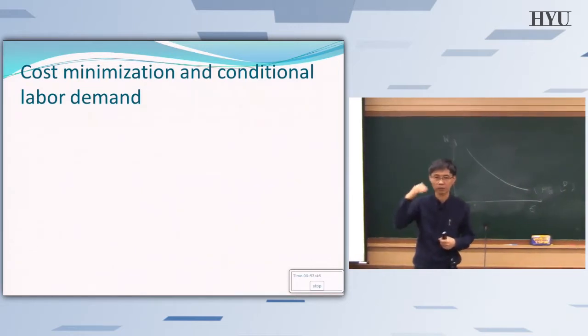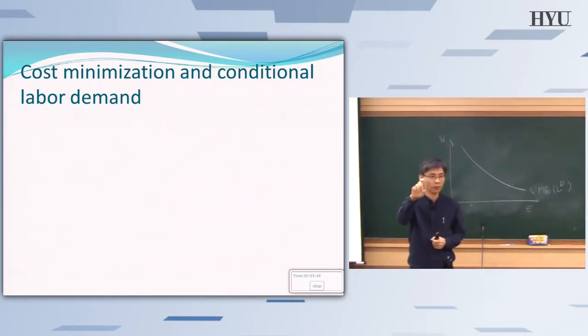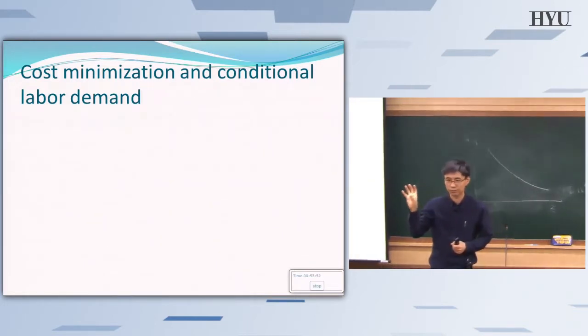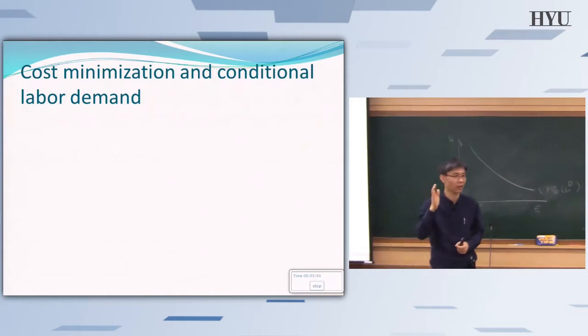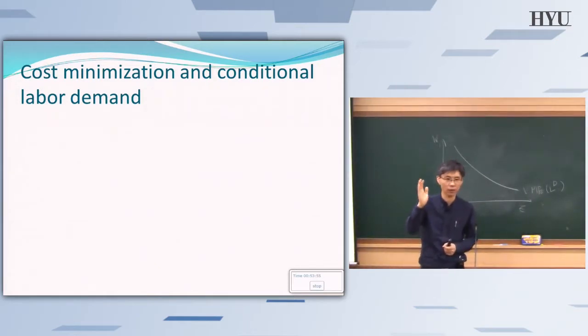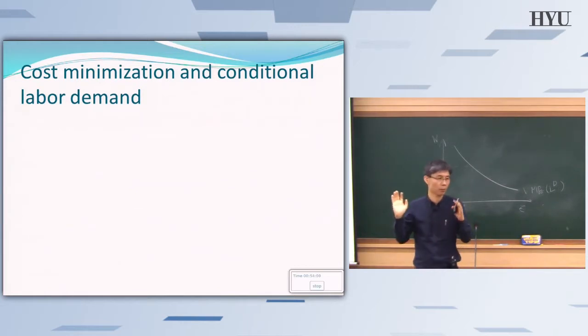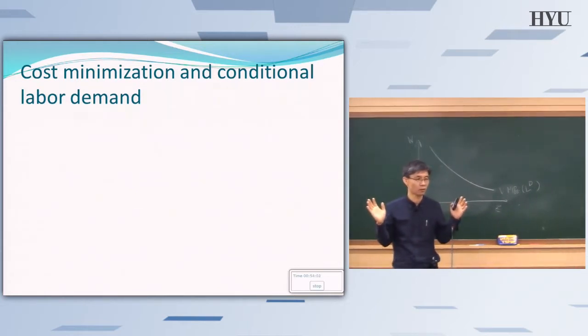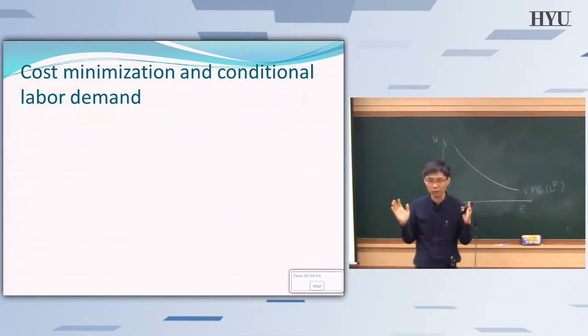Let's assume that the firm determined the desired output somehow. Say the firm decided to produce 1 million units per month. Then the firm should find the most efficient way of doing it. That should be the firm's goal.